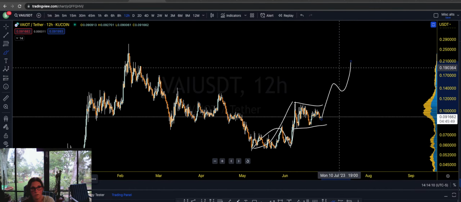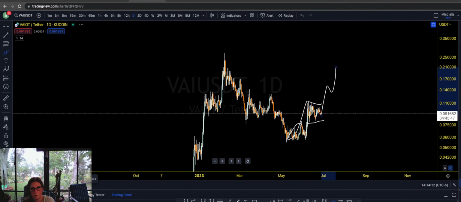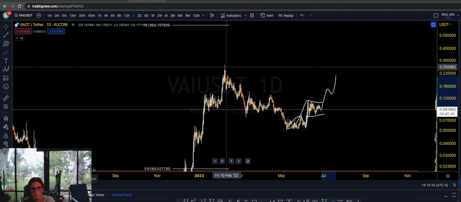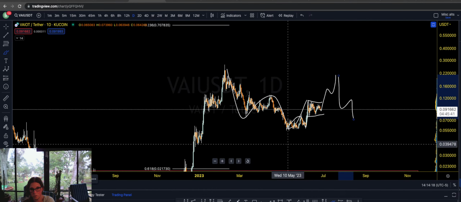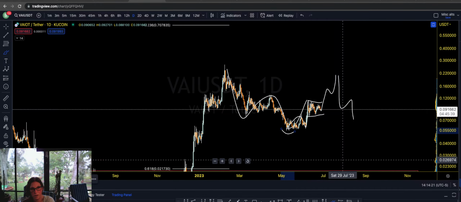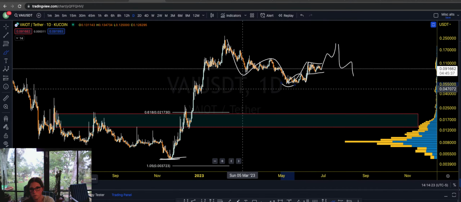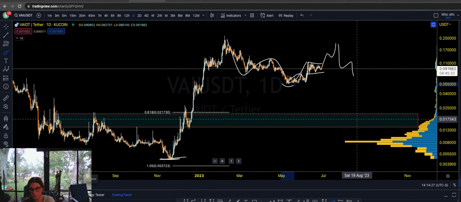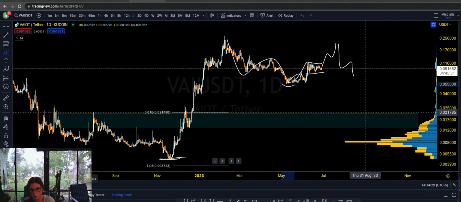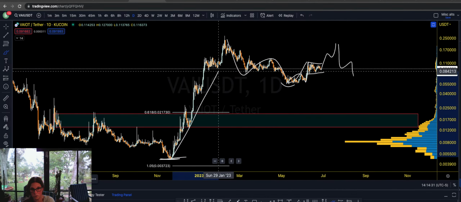And then obviously this will come, and hopefully it will never break this low here. That would be very bullish. But again, as long as it stays above this box, it's bullish, because this looks like it wants a partner.